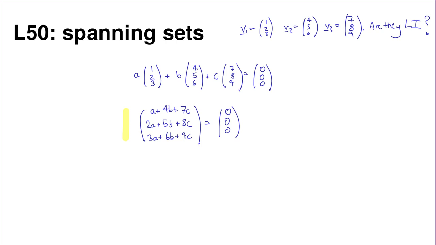So you have three simultaneous equations in the three variables a, b and c. And what you want to know is, what are the solutions for a, b and c? Or in particular, are there any solutions in which not all of a, b and c are 0?